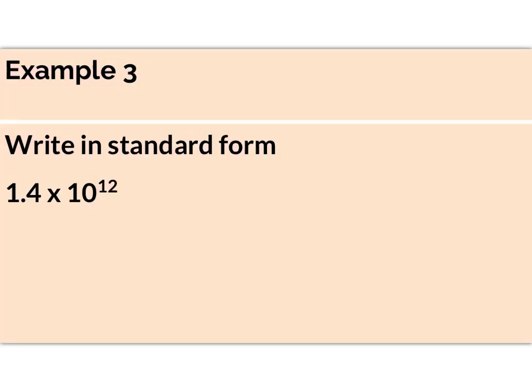Okay, example 3, write in standard form. So that means going from scientific notation. This tells you how many times to move it, and if there's no sign, it's positive, and we know we're going right 12 times. So 1.4, 1, 2, 3, 4, 5, 6, 7, 8, 9, 10, 11, 12. And put zeros in the humps.